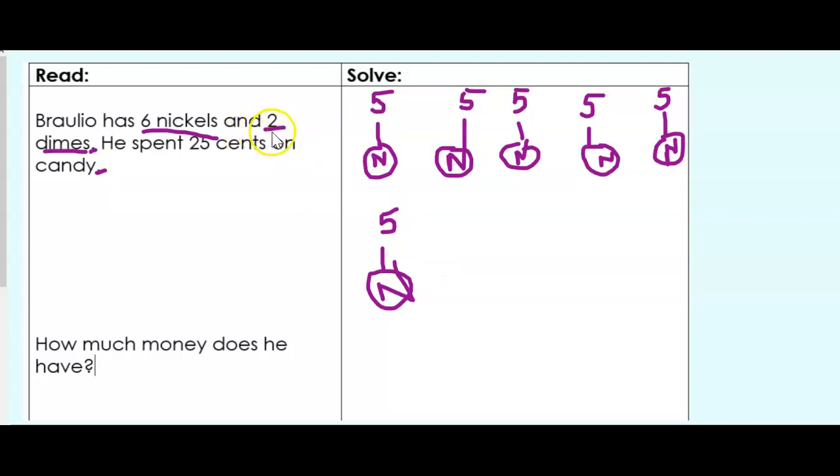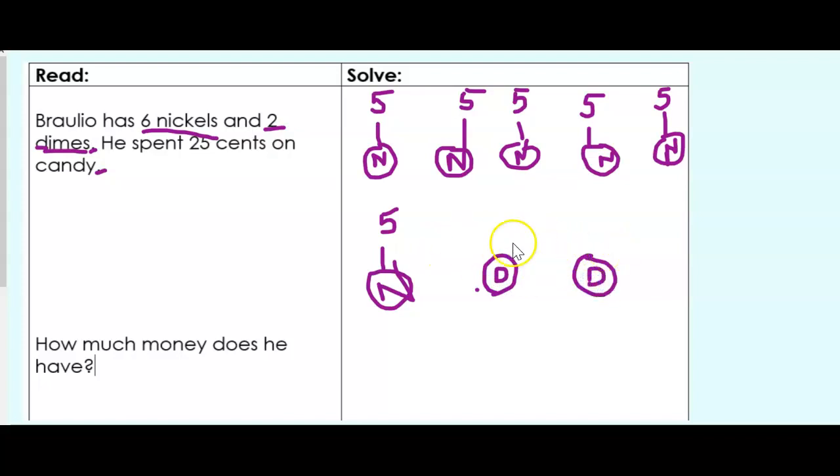Then it says he also has 2 dimes. So how many more circles should we draw? That's right, 2. 1, 2. And what letter should we write in the middle of these circles? Well, dime starts with the letter D, so let's write the letter D in the middle of each of these circles.